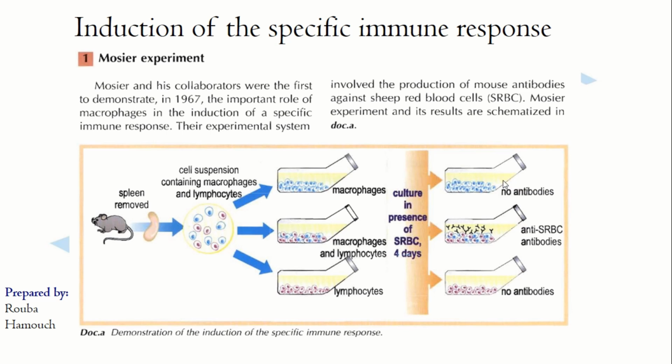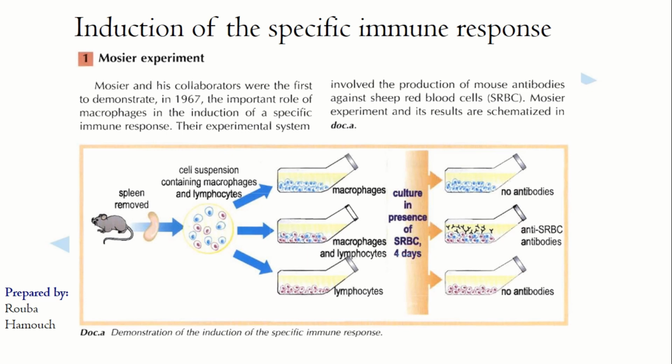There is no antibody production neither in the first culture medium containing macrophages only, nor in the third culture medium containing lymphocytes only, in the presence of SRBC antigens. However, there is production of anti-SRBC antibodies in the second medium, when macrophages and lymphocytes are cultured in the presence of the sheep red blood cells.